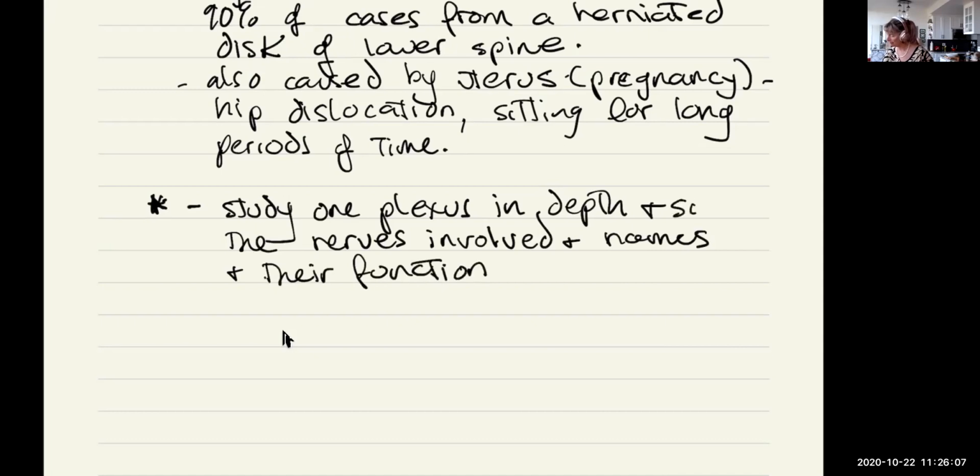Let's put some of the nerves involved, their names and function. Okay, so it's up to you to choose it. You'll be seeing a video on the brachial plexus, so that would be a good one to choose.